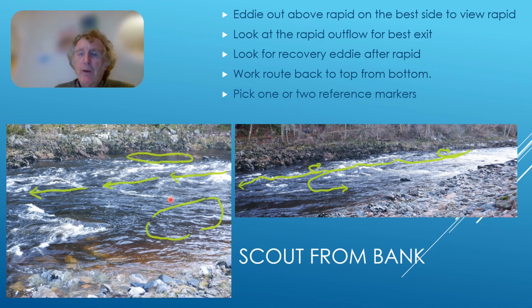Now, as I said, it will be hard to remember much of what you see from the bank, and it won't look the same as you're coming down in the boat. So what you can do is pick a reference point either on the bank or in the river itself at the entrance point. So that'll set you up for entering at the right point.